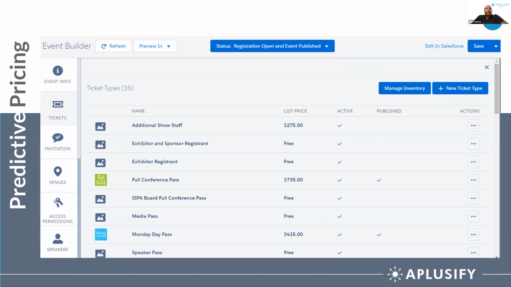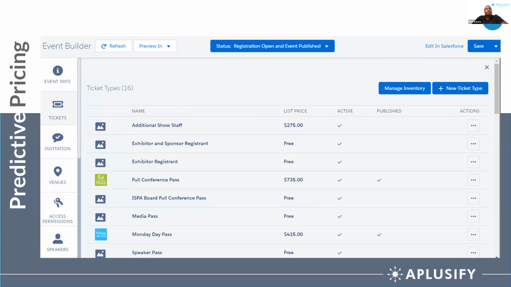And I think when we were talking about predictive pricing, I said that maybe you can give freebies to your members whom you want to, and show them that you value them.